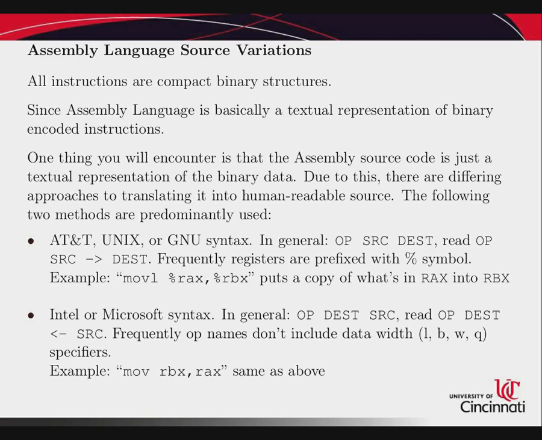Most of the time, in AT&T, Unix, GNU syntax, if you don't have that and you just have plain text, then in this case, if I didn't have that % sign, rather than knowing that I'm talking about a register in that position, it's going to think that I'm talking about a memory location that has a label assigned to it, or a variable name that's RAX.